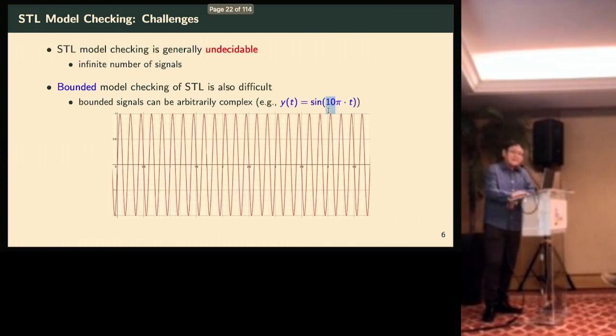So actually, it's related to the previous question, right? Because there could be many different discrete states, if the initial value for a given state is fixed, then usually the signal is deterministic, but the initial value could be in some interval as well. So basically, there are infinitely many initial values for a certain discrete state.